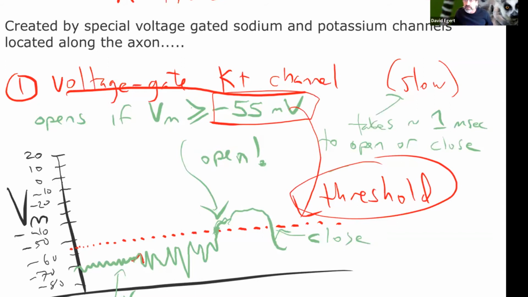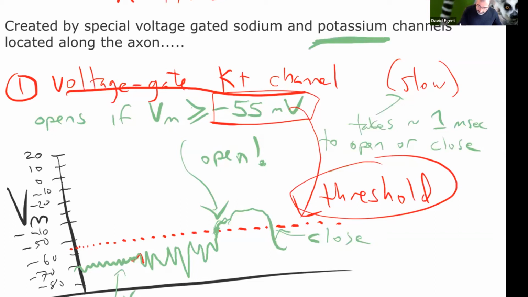So it's going to matter that these things are kind of pokey compared to the sodium channels, which you'll see are fast. They basically snap open and snap closed when they do their thing. This is the simpler one, the potassium channels.